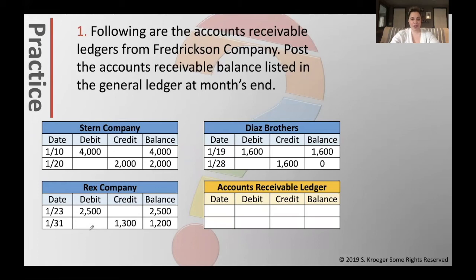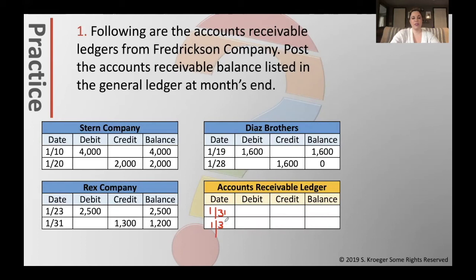Just as an FYI for your homework, you do have to fill in the subsidiary ledgers as well. Okay. First, it's going to be the last day of the month, right? So we're in the month of January. So what's the last day? The 31st. Good. Just like the last problem we had. So put in 1/31.